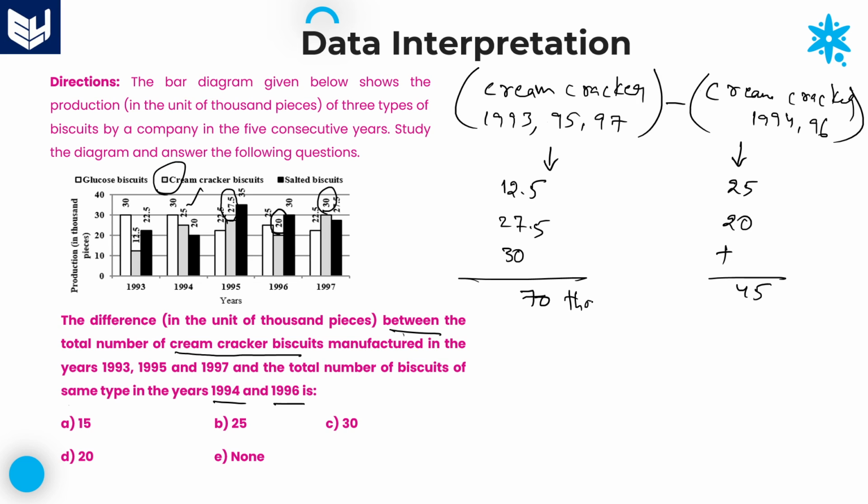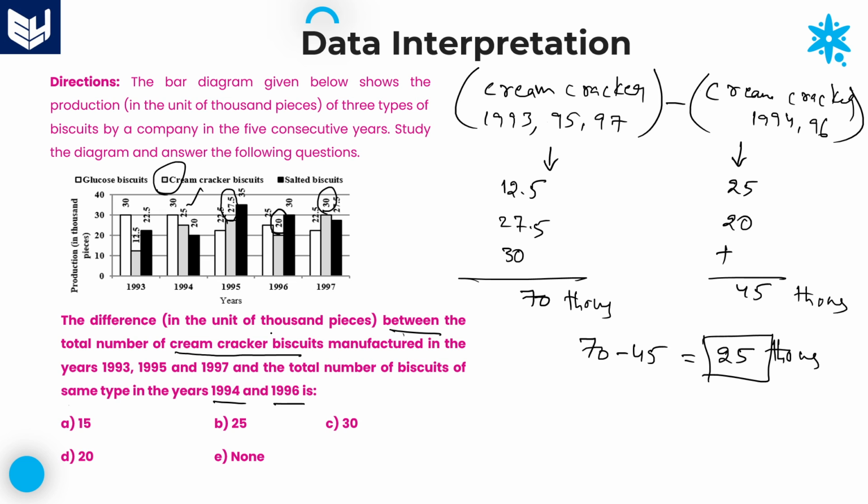This is 70,000 and this is 45,000. Now what is the difference between these two? 70 minus 45 is equal to 25,000. That is our answer.